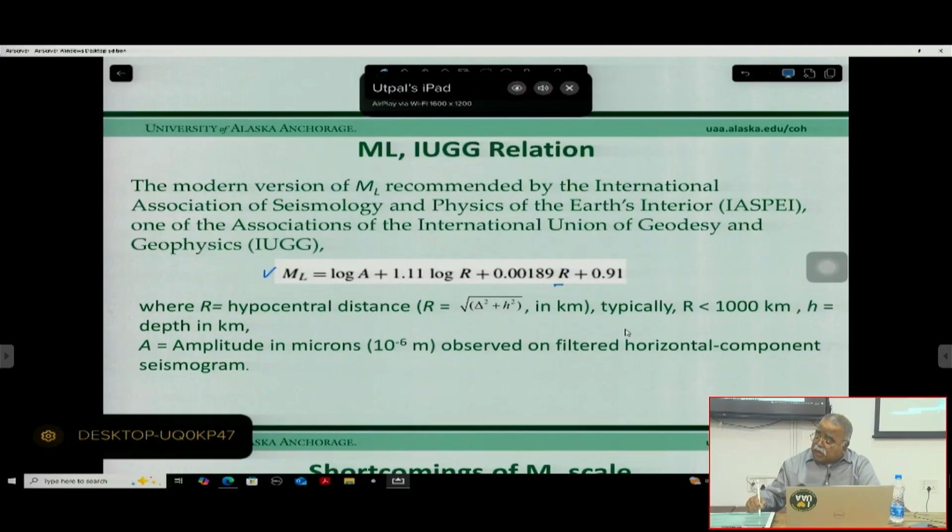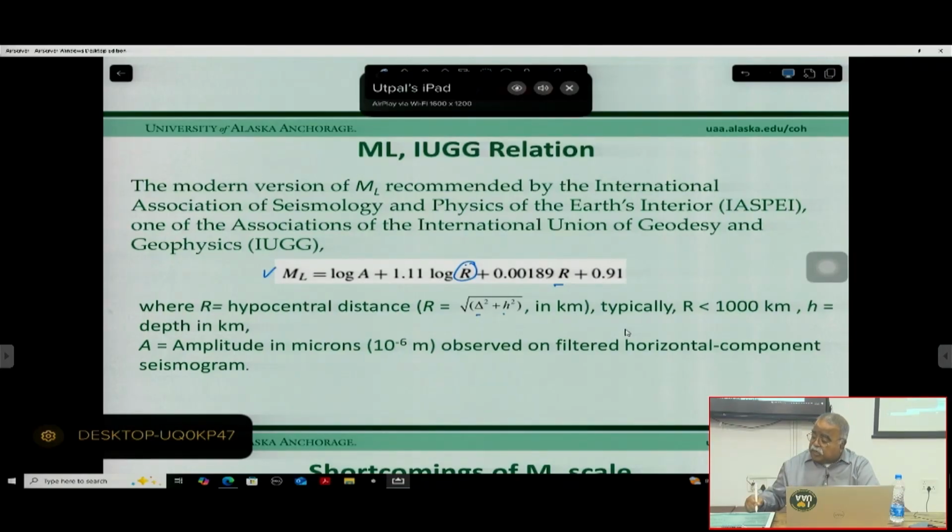They use R as the hypocentral distance, which is basically the square root of delta squared plus H squared. So this is your hypocentral distance, not the epicentral distance. Please remember that. Typically it is less than 1,000 kilometers, and H is the depth in kilometers.